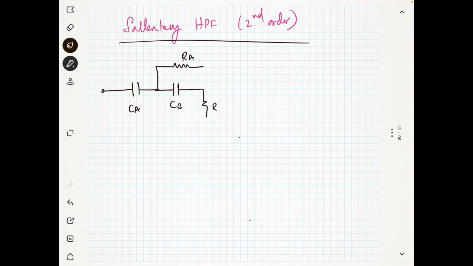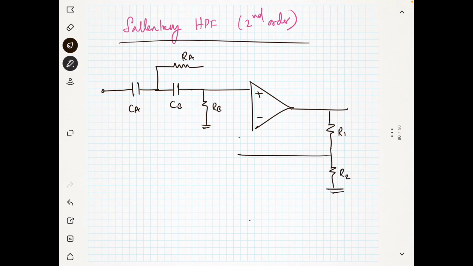and this is RB. Okay, now you connect here, this is plus, this is minus, same thing, no change, just you need to swap the position of the capacitor and the resistor, and you connect this here. Okay, so this is your V in and this is your V out. And what is your critical frequency?